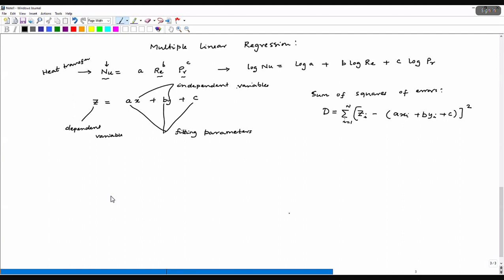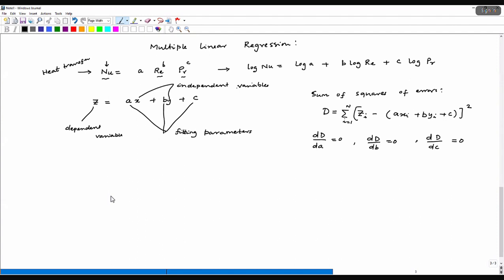So if you want to find A, B, and C, you need to minimize D. So that is dD over dA equal to 0. Then you have dD over dB is 0. And dD over dC is 0.